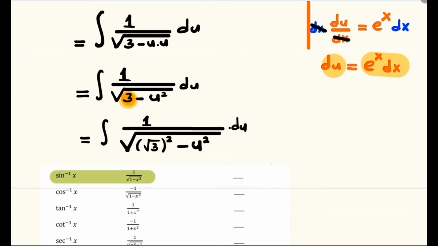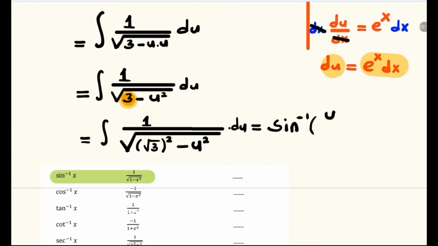and the integral will be equal to the arcsine of u divided by the square root of 3 plus c.